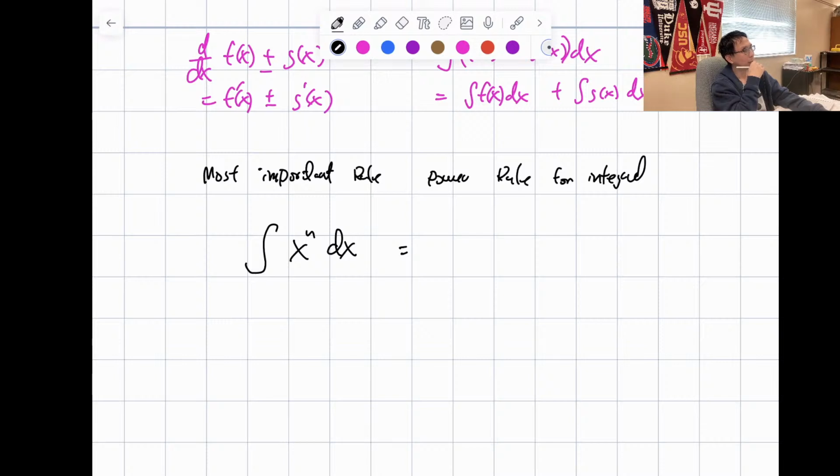Bennett? x to the power n plus 1 over n, all over n. Okay, Caden? Yeah, x to the power of n plus 1 over n plus 1, plus a constant. Okay.